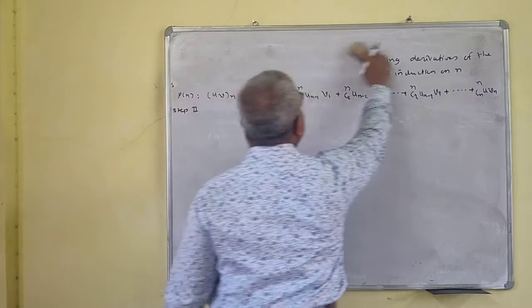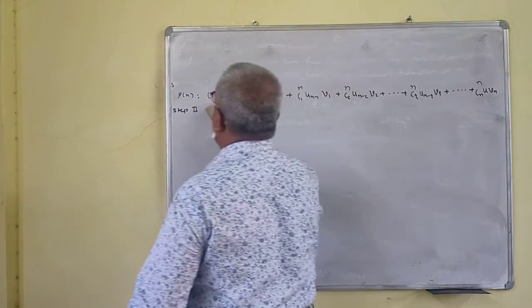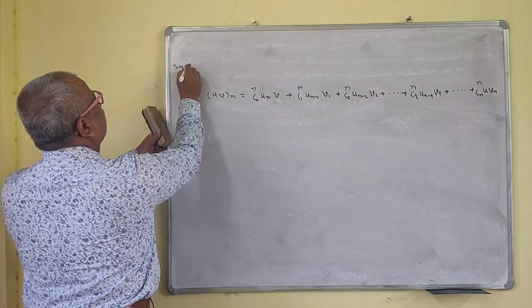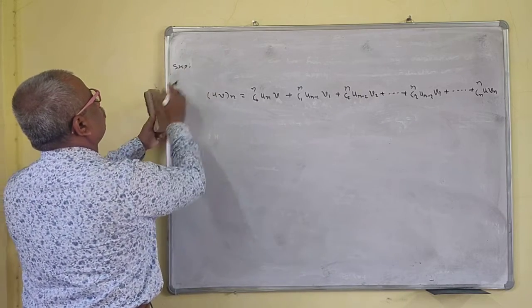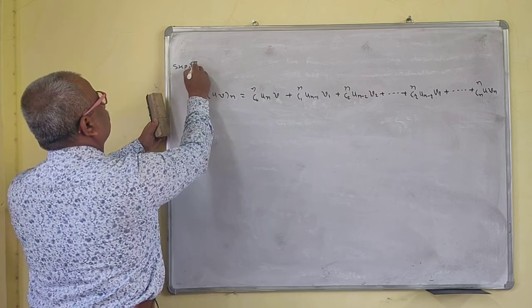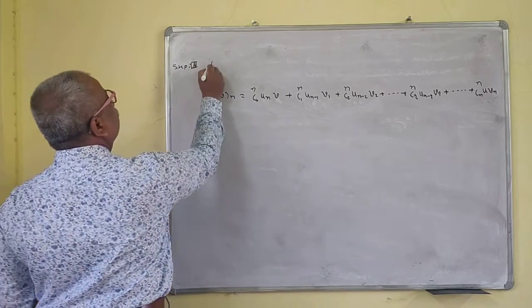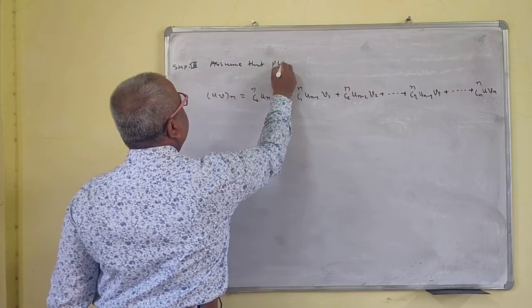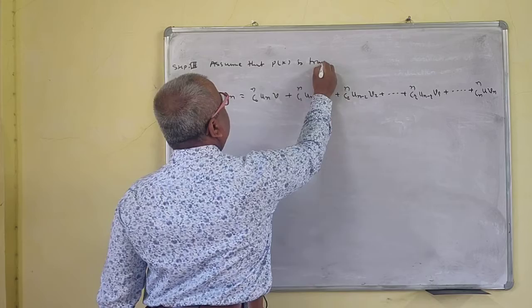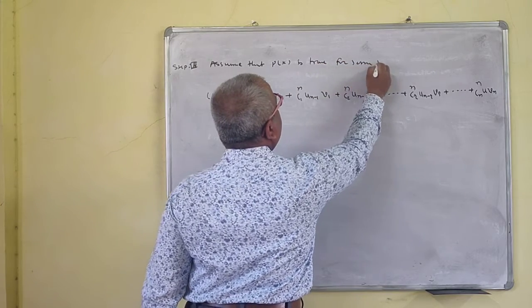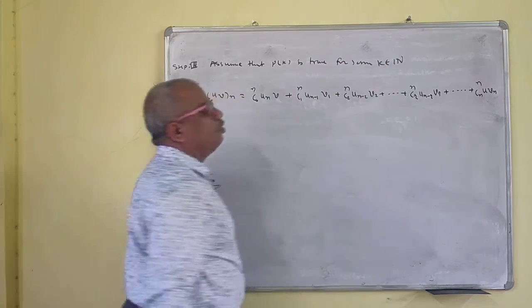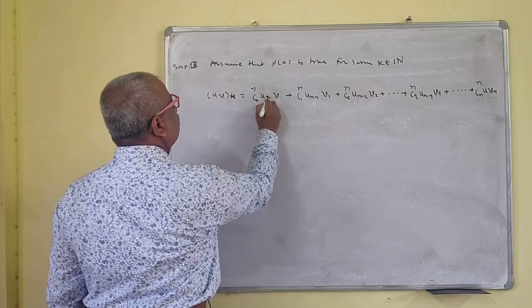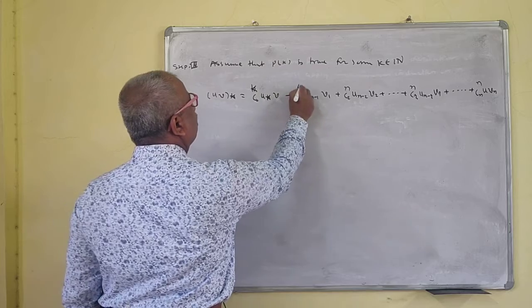Step 3: assume that Pk is true for some k belonging to N. That means here you have to replace n everywhere with k.